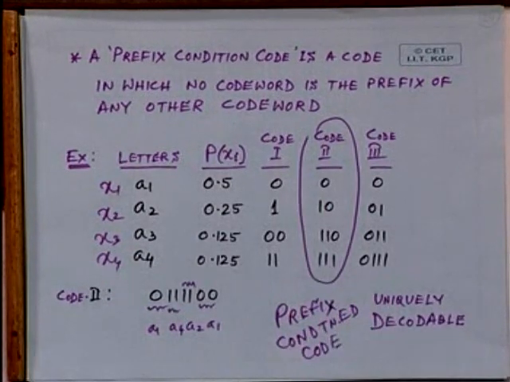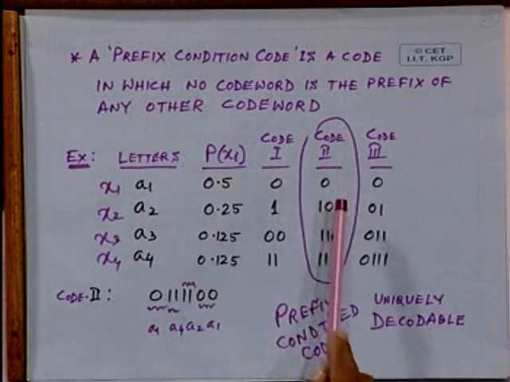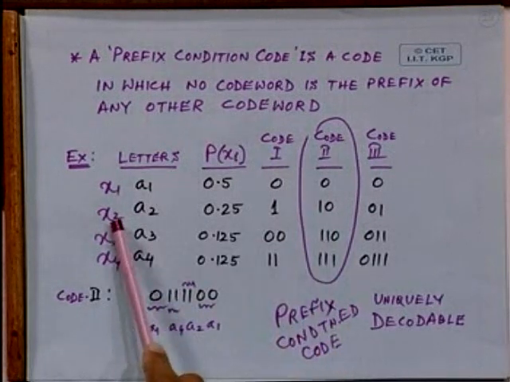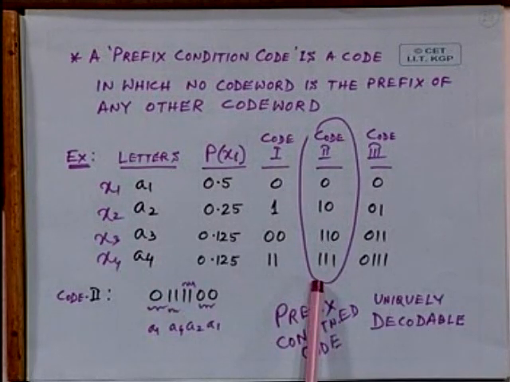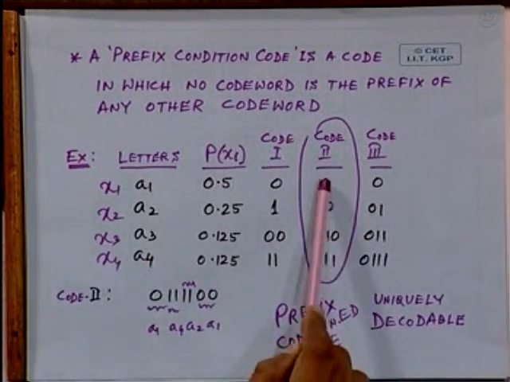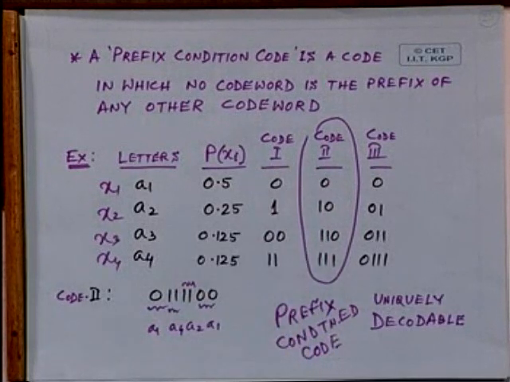Check in this scheme that I have assigned 0 to this, and no other code word starts with 0. I have assigned 10 to x2, and 10 does not appear anywhere. I have assigned 110 here. Just check that you cannot get 110 as any combination of a1 and a2, so there is no ambiguity.